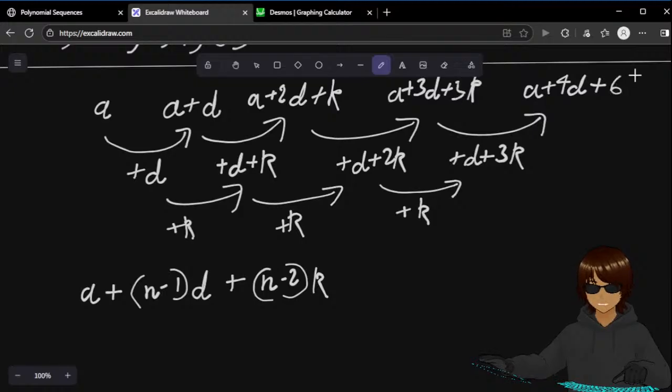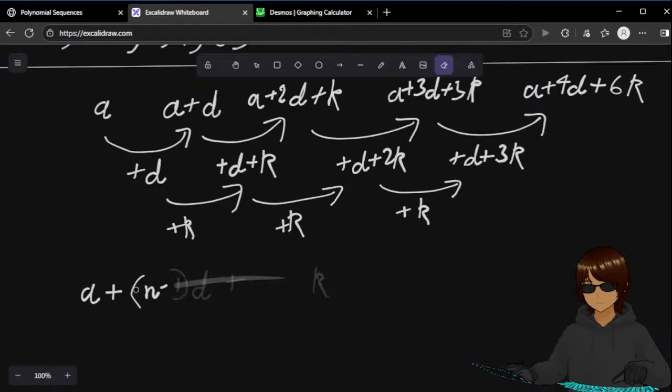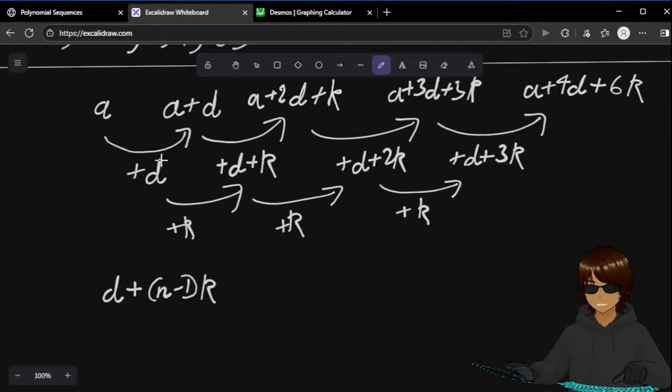Then this becomes 6k. There is an arithmetic sequence here, right? This over here, the middle one, follows this sequence: d plus n minus 1.